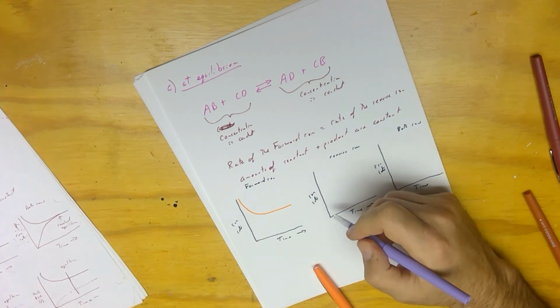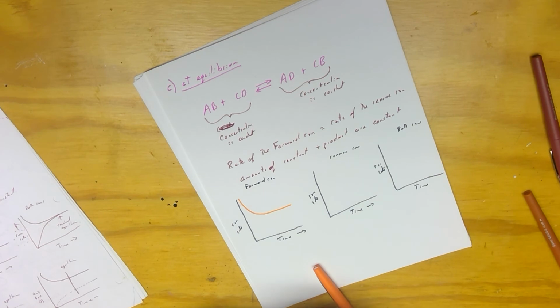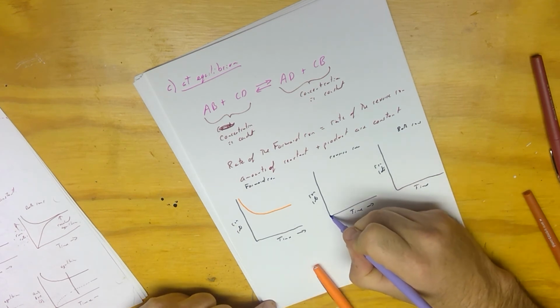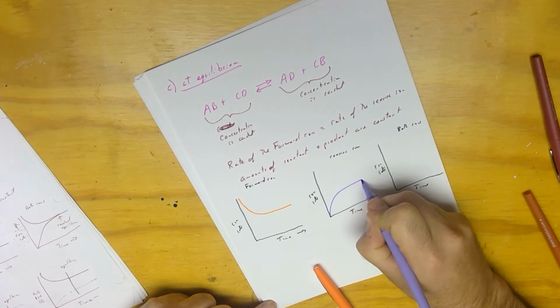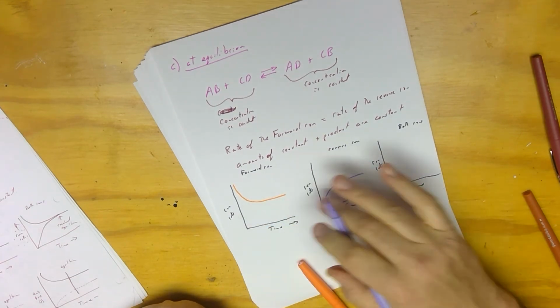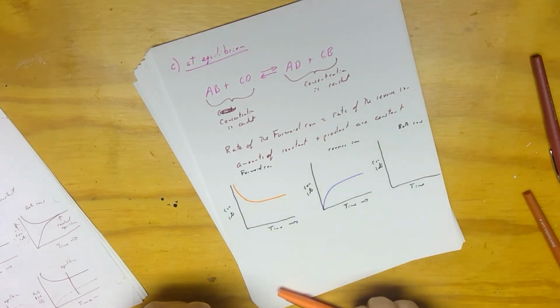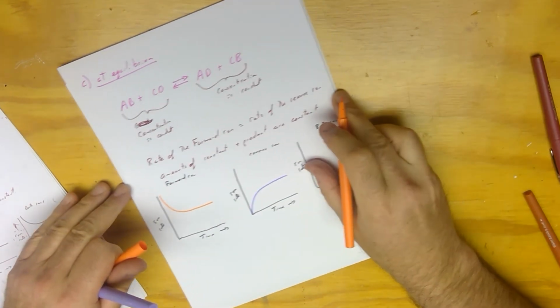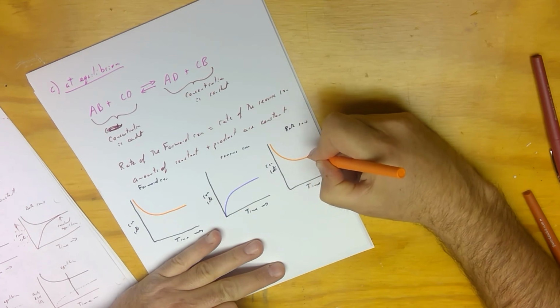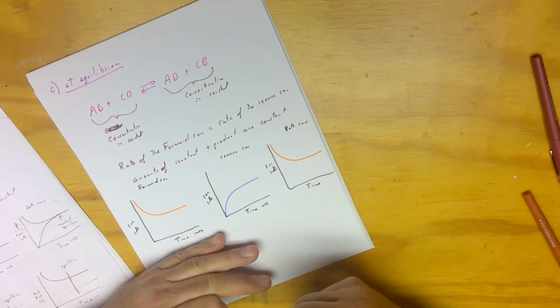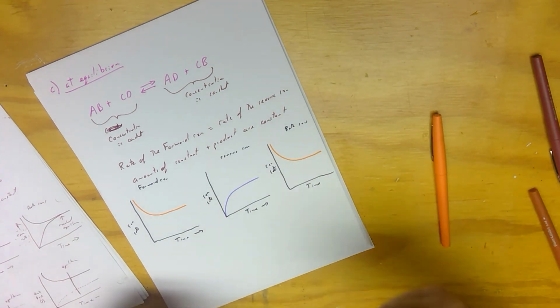Well, it started at 0. There was none. And it went up, up, up, and then it levels off. Well, what does this look like together? Well, let's draw it. We started high, it comes down, it levels off. And this one started at 0.